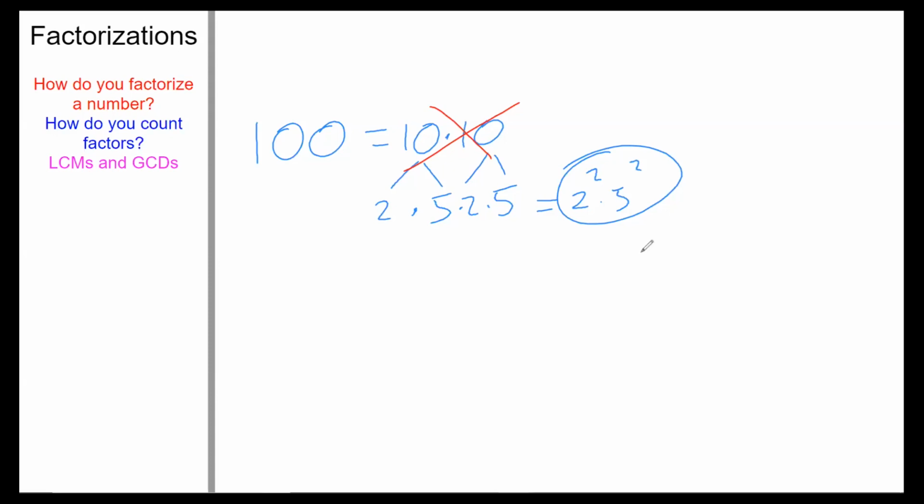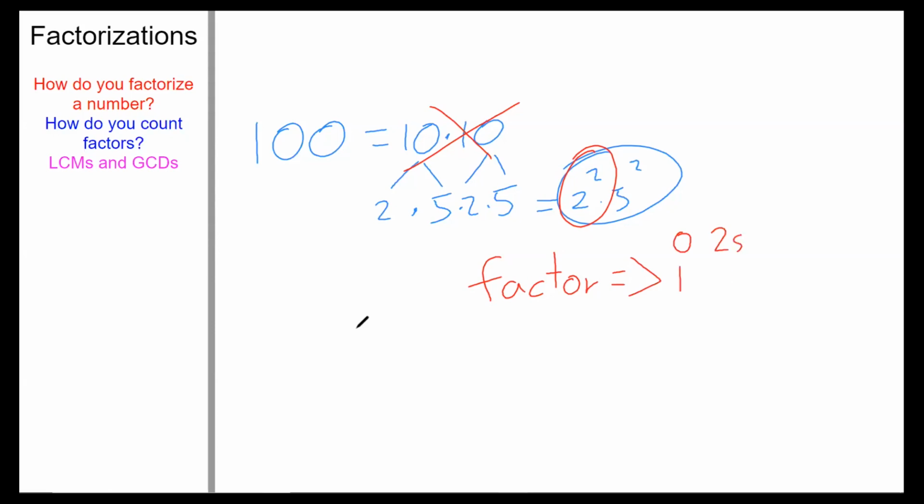the way you count this is you have to remember back to number theory. Counting. So this 2 squared here means that there's a total of 2 2's that we can use. So whatever factor of 100 we get has to either have 0 2's, 1 2.